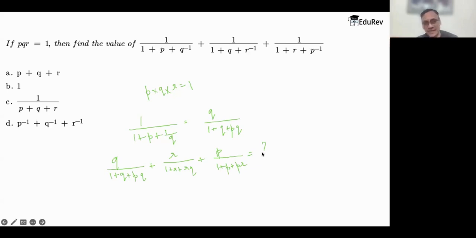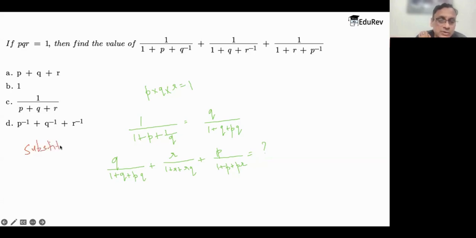So a lot of times, and that's one very important hint for you, a lot of times you don't really have to solve these questions. And there are two methods that we use. One method is by substitution. Okay, and note down these very, very carefully. One method is what we call method of substitution.